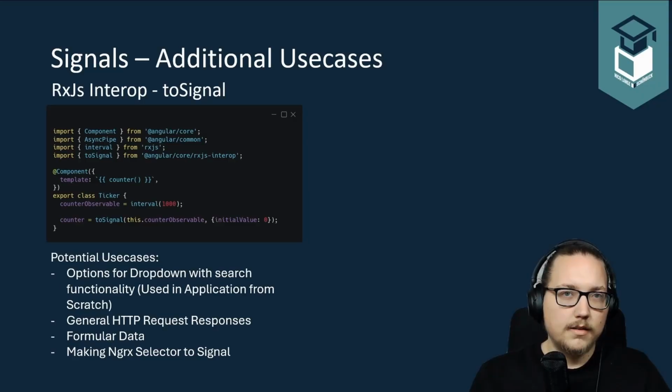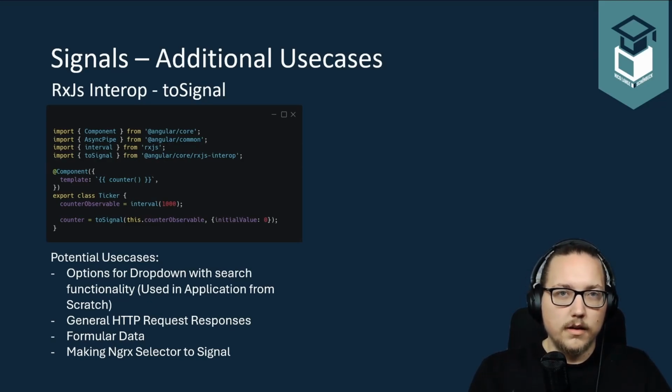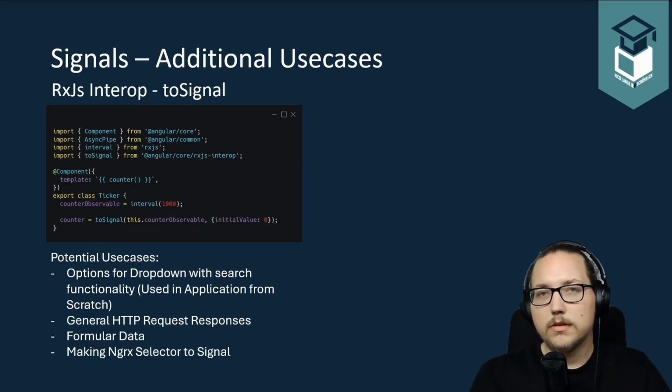The return value gets converted to a signal and is then used for an ngFor or a for loop in the HTML. For example, it's often also beneficial for generic HTTP request responses, because you can make the return value a signal instead of an observable.